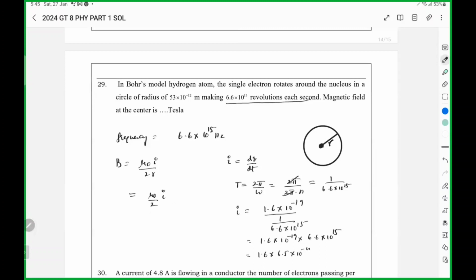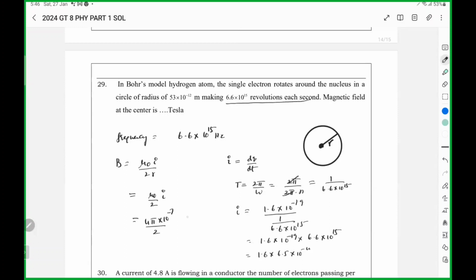So mu naught I by 2r, here it is 4 pi into 10 power minus 7 by 2.